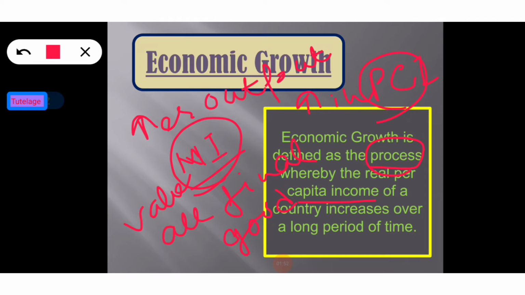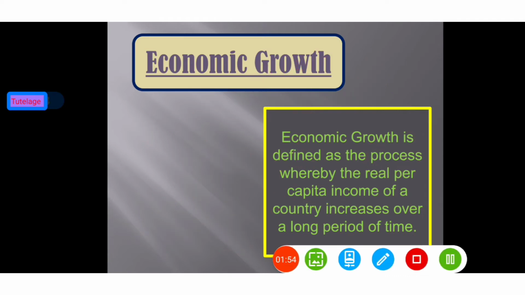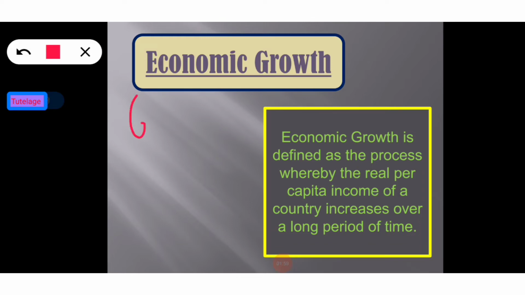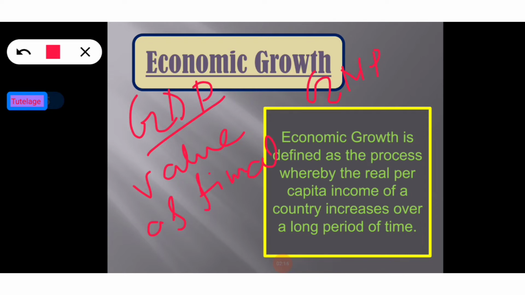So at first we have to know what GDP and GNP are. GDP is defined as the value of all final goods and services produced in a year in the domestic territory of a country.